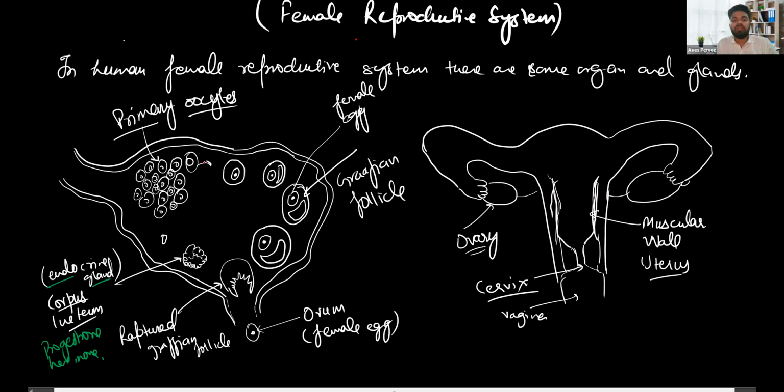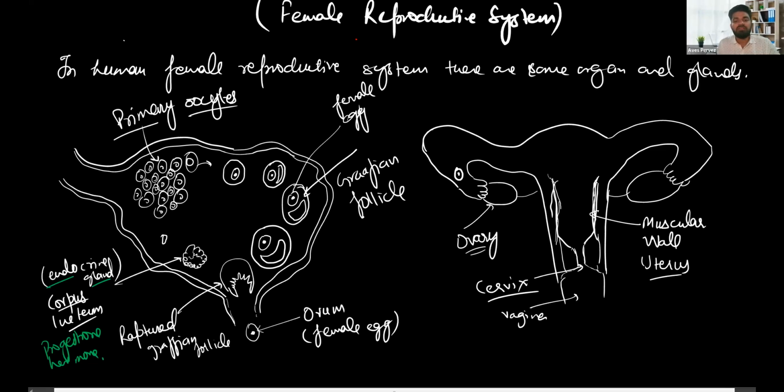So on the 8th or 10th day of maturation, this Graafian follicle ruptures and the ovum is released into the ovary. From here, it gets released.